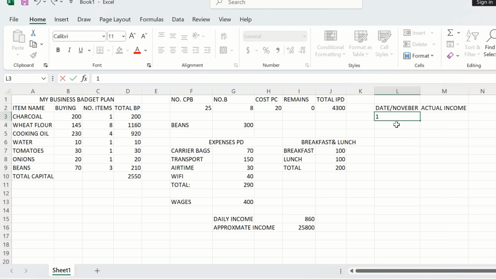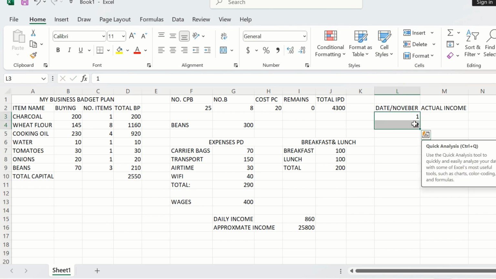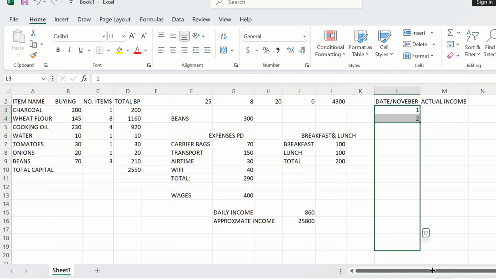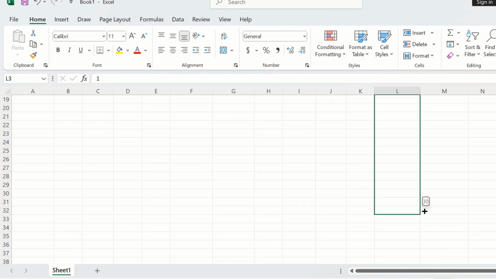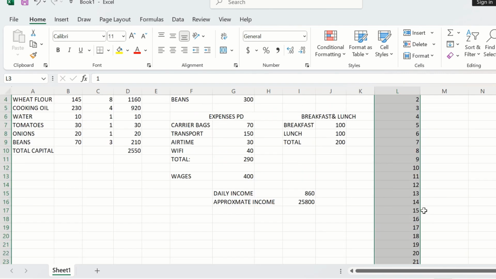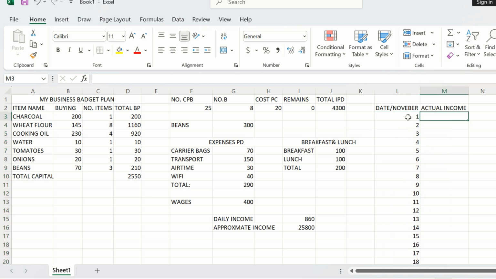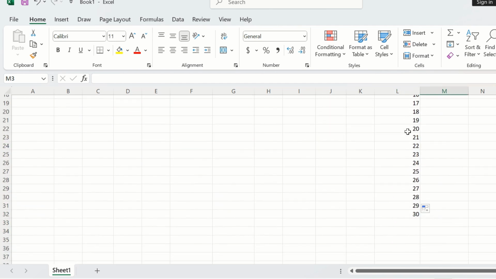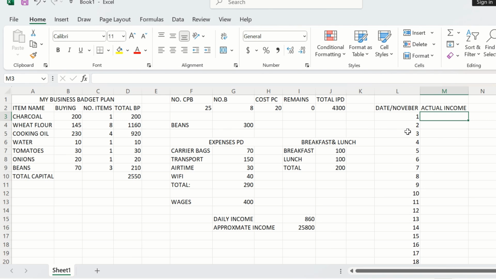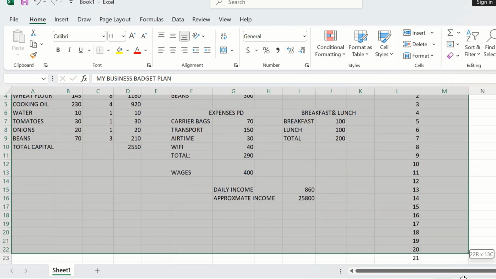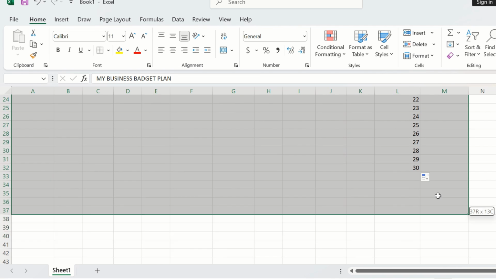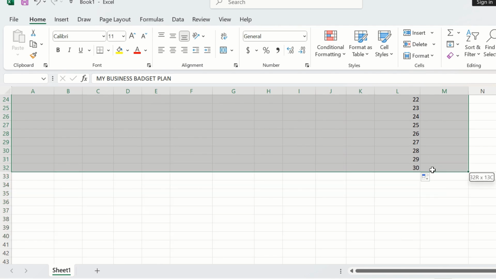So from date 1, date 2, all the way to the last date of this month, what you will be earning on the daily basis, isn't it? So if you have written this within your Excel, then you can be able to keep track of that on the daily basis, right?